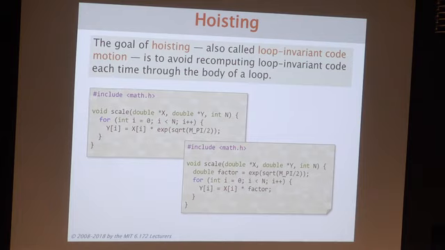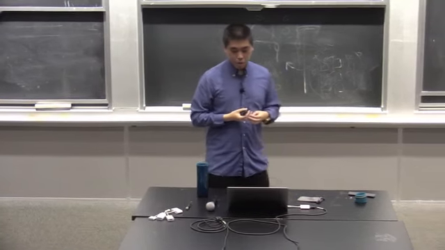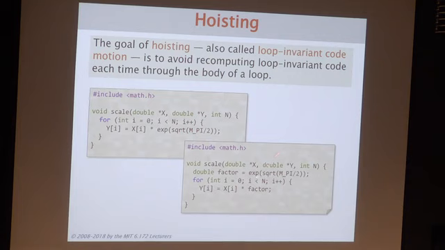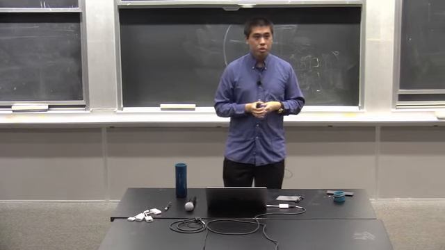It turns out that for this example, the compiler can probably figure it out and do this hoisting for you. But in some cases, the compiler might not be able to figure it out, especially if these functions might change throughout the program. So it's a good idea to know what this optimization is so you can apply it in your code when the compiler doesn't do it for you.